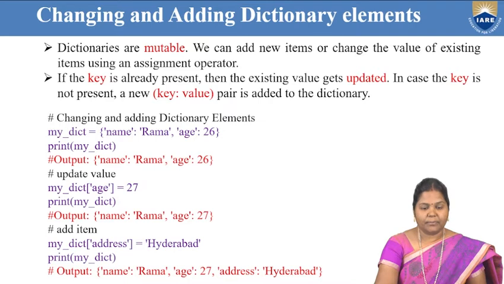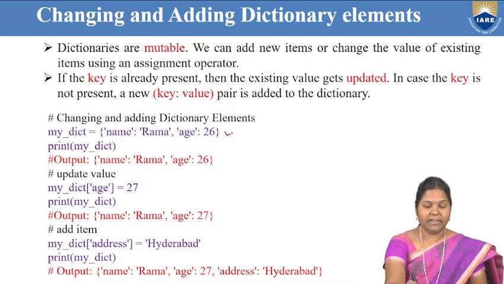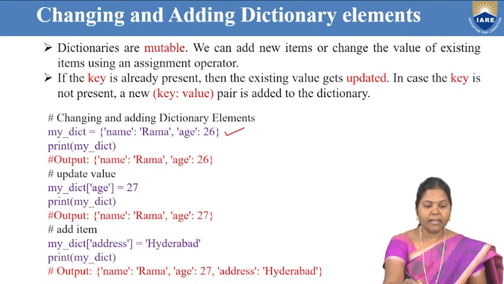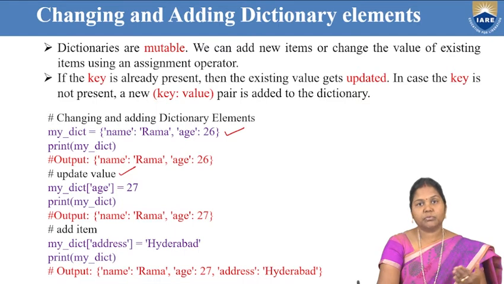Right. Now, how to do these things? Let us take one example. In this example, we have taken one dictionary containing two keys, name and age, and the values are Rama and 26. Now, I want to update the age of the person from 26 to 27. So how should I do it? I can update its value using the square bracket method.